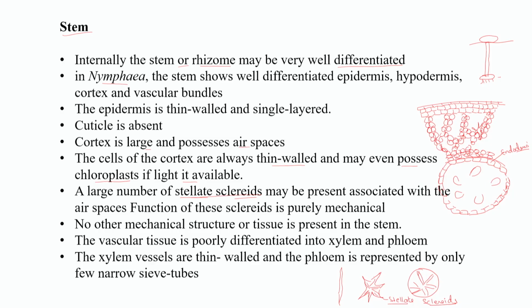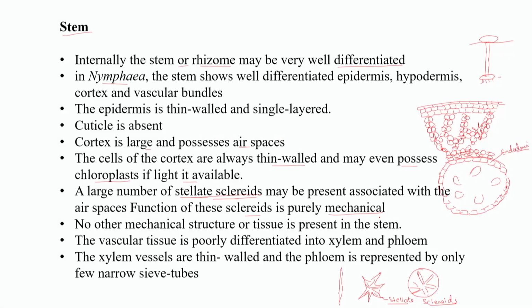You should remember that in leaves and in stem you will find these stellate sclereids. Apart from these sclereids, whose function is mechanical, and fibrous tissue which provides support, the sclereids will provide mechanical support, otherwise they will not have any other mechanical tissue. No fibers will be there, no lignified tracheids and vessels, very thick, all those structures will not be there.